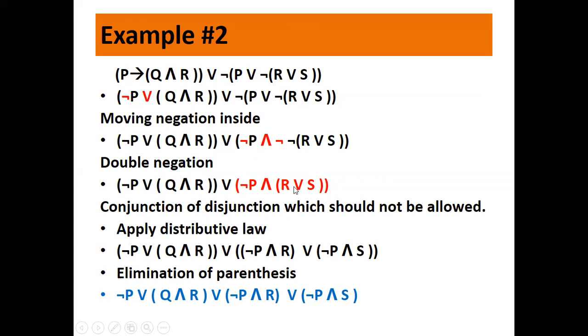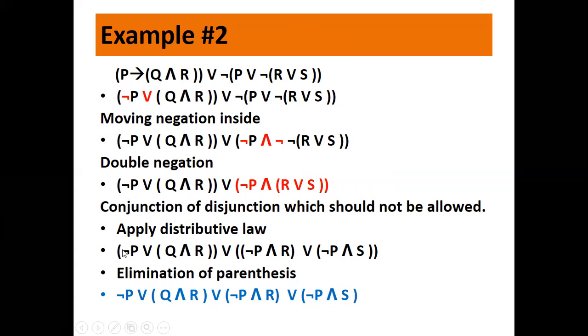They are separated by an or symbol, and this or symbol comes as it is. The distributive law I have already covered in the first lecture of predicate logic. You can go through it.